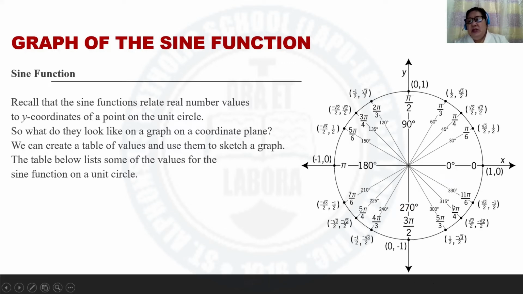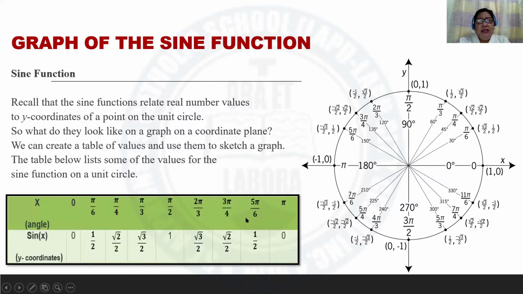Supposing this is the unit circle and we're going to use the values of the coordinates. And let us just choose from 0 to pi as the value of x, and this will mean the angle. And for sine x, this will be the y coordinates of the trigonometric points.